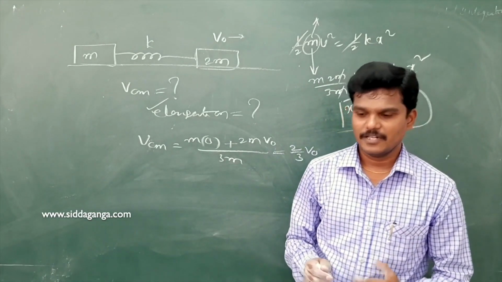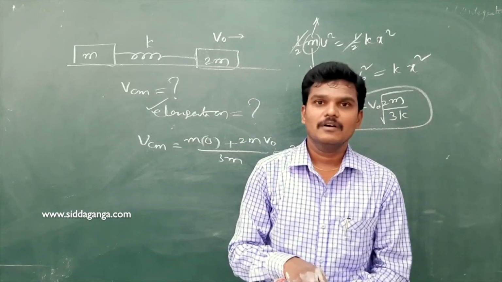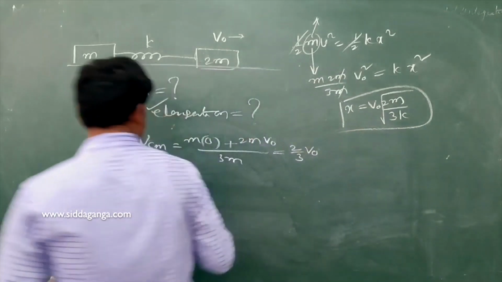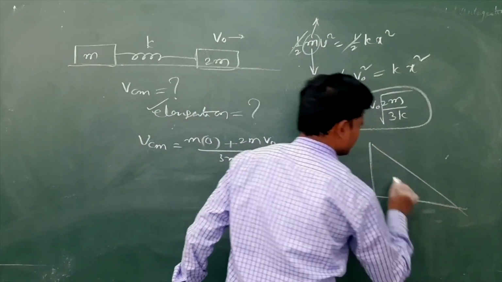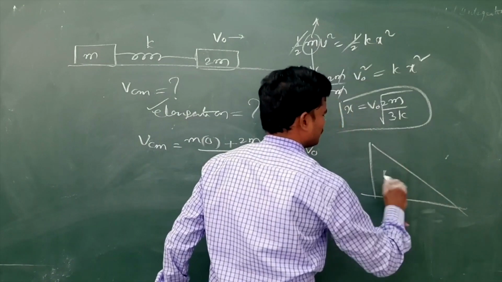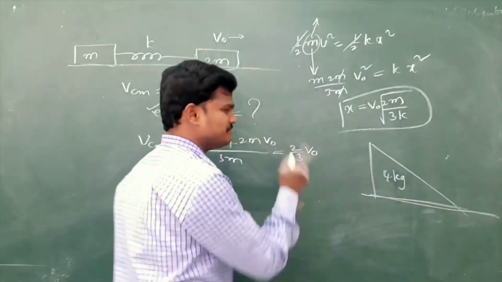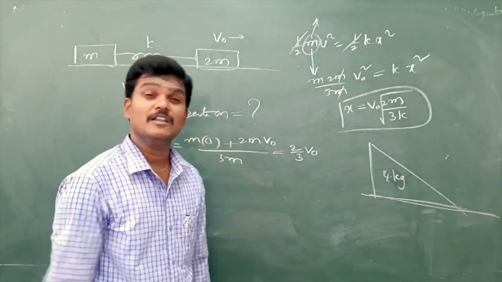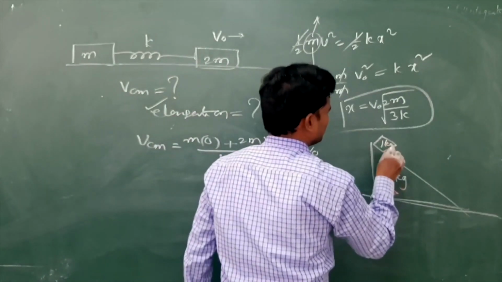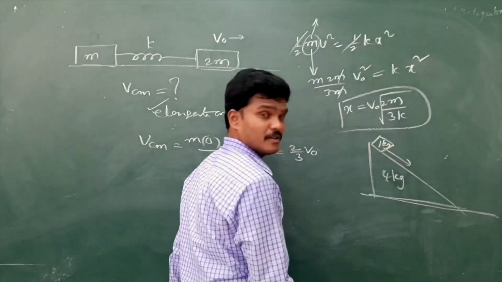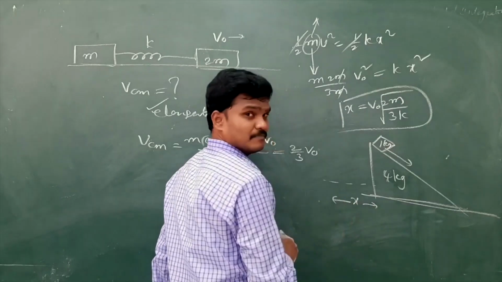And some conservation of momentum. I think for the boatman problem, you can apply the same boatman concept for the wedge problem. There is a wedge whose mass is m, say a 4 kg wedge, which is placed on a smooth surface. These wedge problems will come in laws of motion, in constraint equations. If a 1 kg mass moves down, then this wedge will move back by some x.